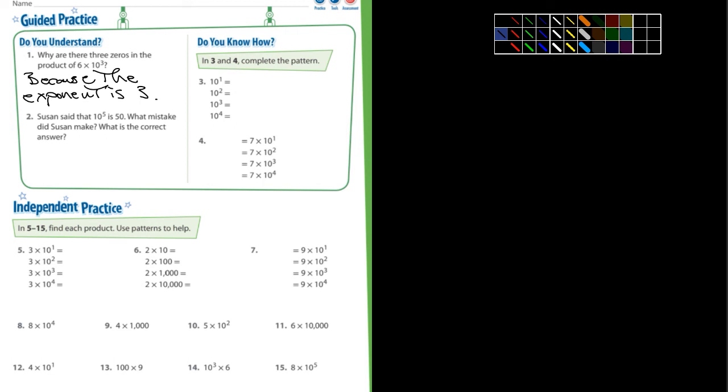So you should all write that down because the exponent is 3. That's number 1. Number 2, it says Susan said that 10 to the 5th is 50. No. What is 10 to the 5th? It's a 1 followed by what? 5 zeros. It's 100,000. Okay? So what was the mistake?